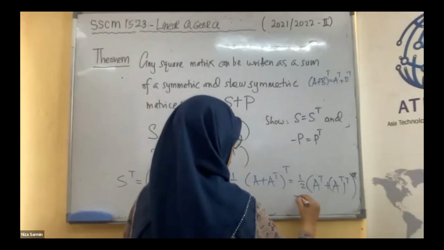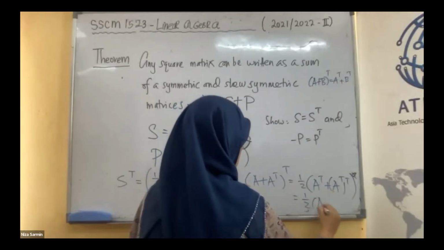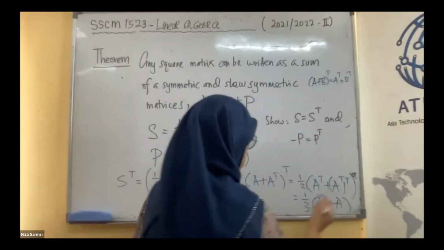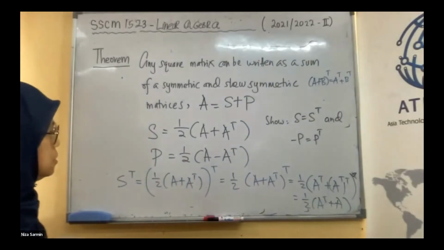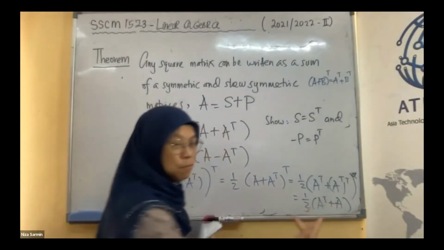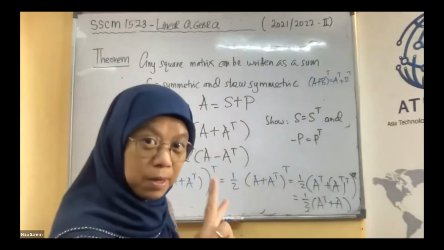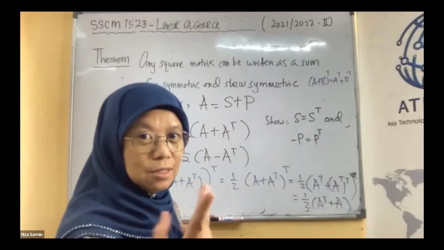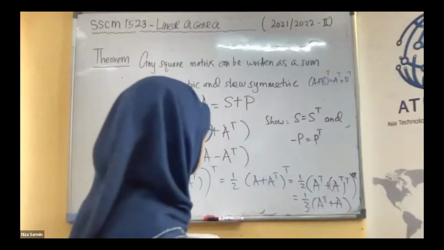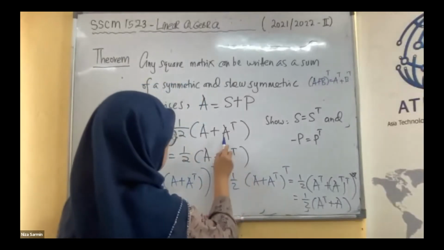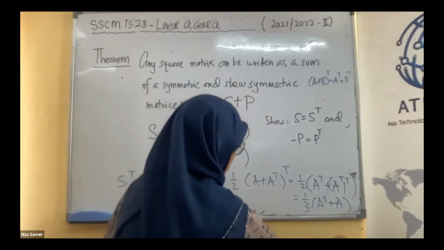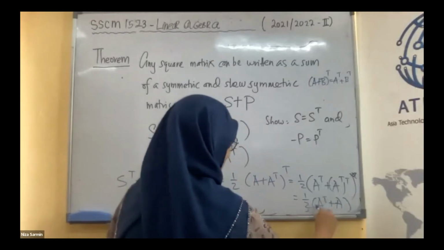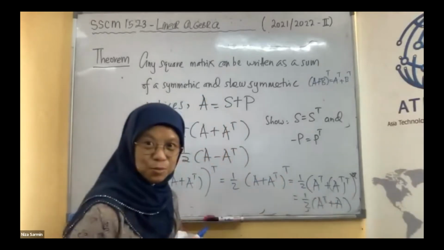Which is just A. But this is not yet the same as the original. But we know A plus B is B plus A, right? In the matrix. So you just rewrite as the definition of the S. So which is equal to the original. So it's half A plus A transpose.